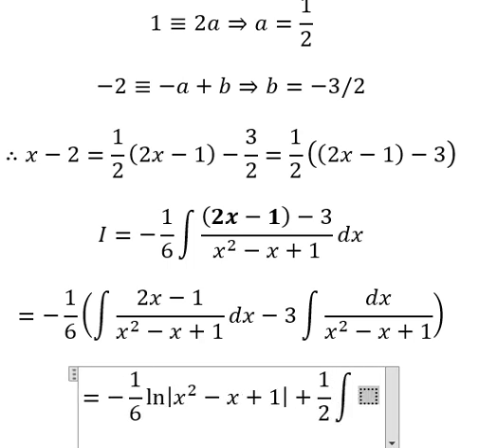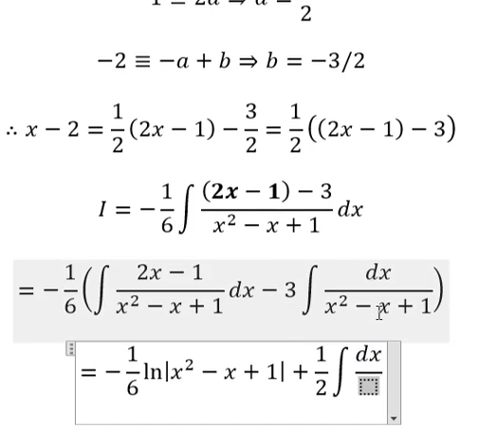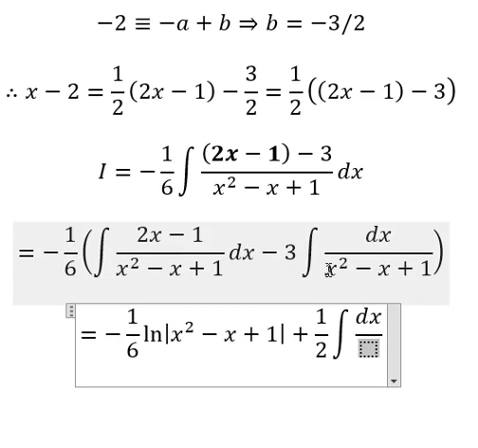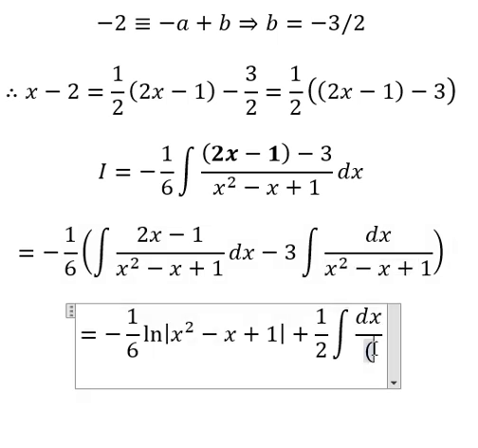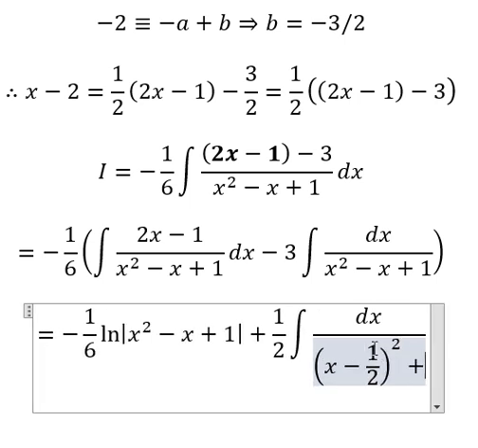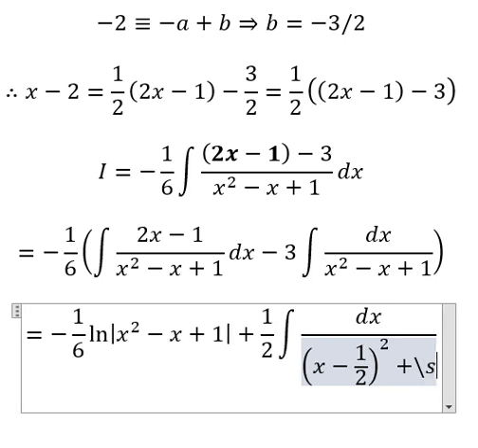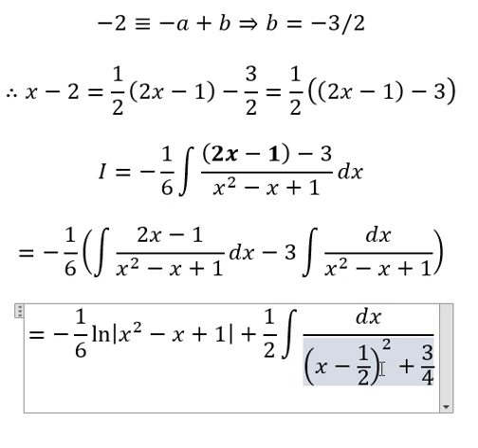times the integral of dx divided by, now in this other case, all we have to do is complete the square of x squared minus x plus 1. When we do that, we get x minus half all squared plus 3 divided by 4, because 1/4 plus 3/4 is 4 on 4, which is 1.